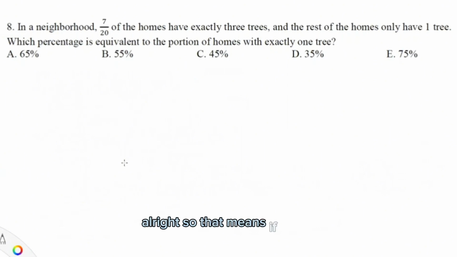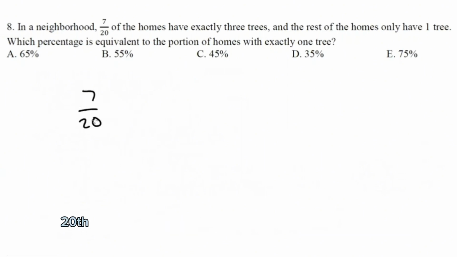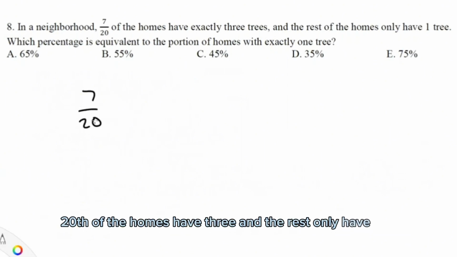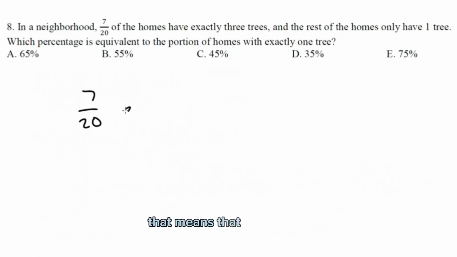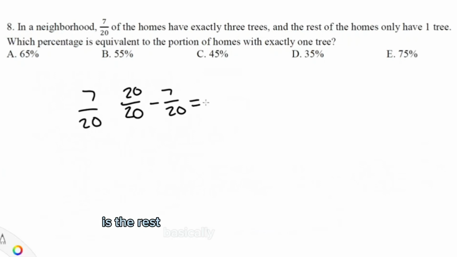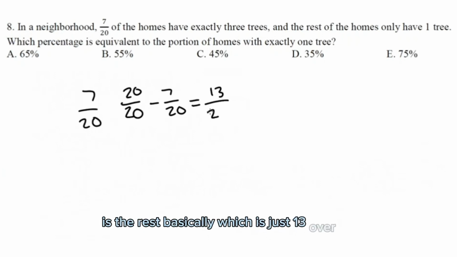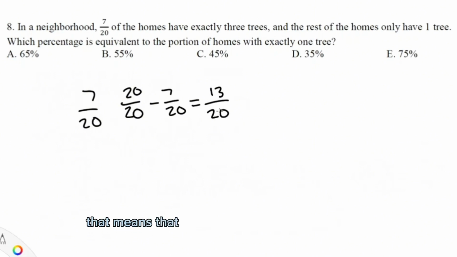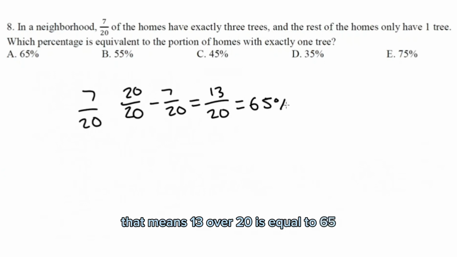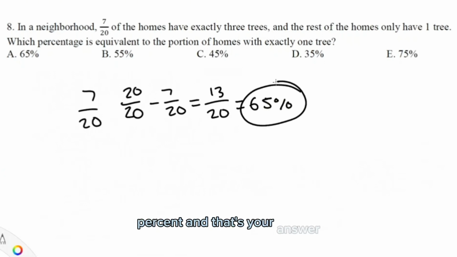Alright, so that means if 7/20ths of the homes have 3 and the rest only have 1, that means that 20 over 20 minus 7 over 20 is the rest, basically, which is just 13 over 20. That means that the rest of the homes, or just 13 out of 20 homes, have 1 tree. That means 13 over 20 is equal to 65%, and that's your answer.